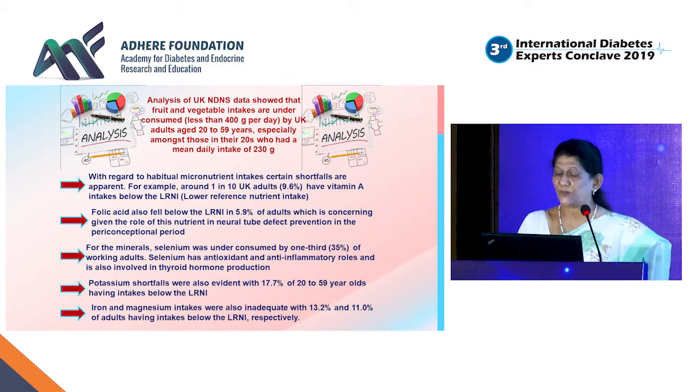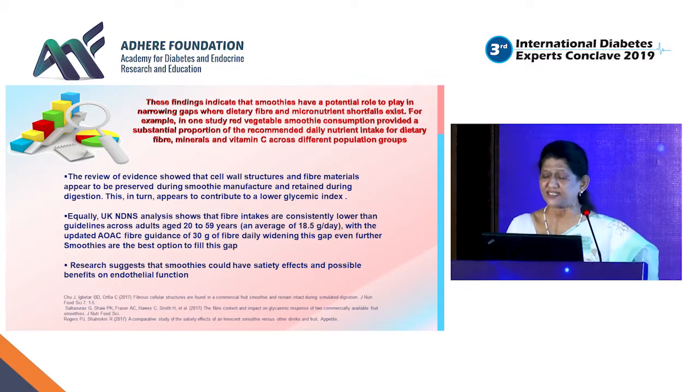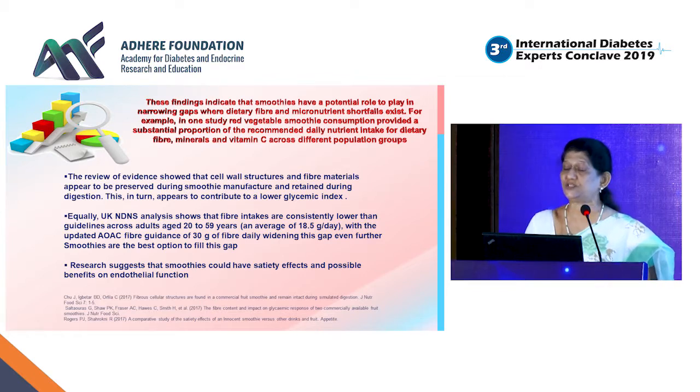Mainly the smoothies were introduced just to bridge the gap between the meals and increase the fiber intake. The 18 to 59 age group had an average intake of 18 grams, and AOAC guidance said 30 grams of fiber daily was required. Research suggests that it could have a satiety effect and possible benefit to endothelial function.